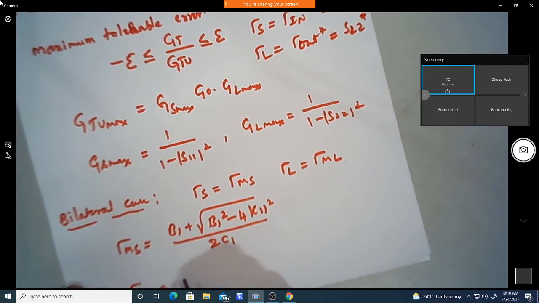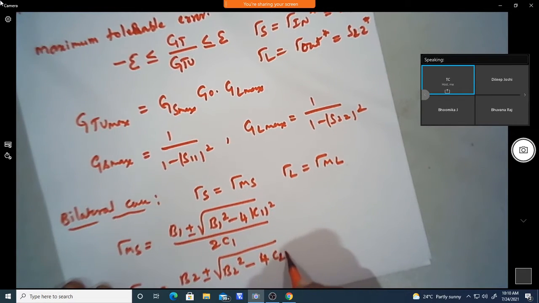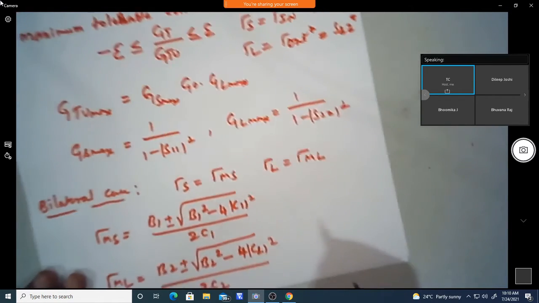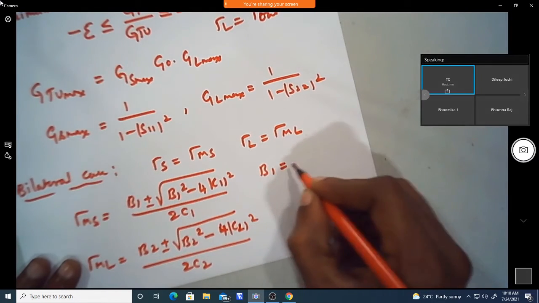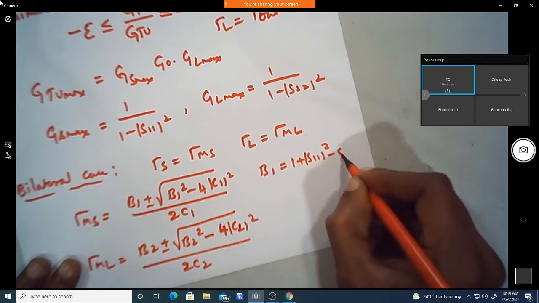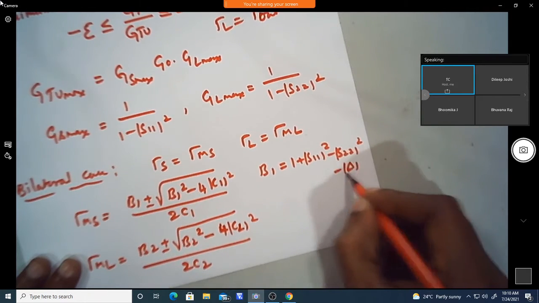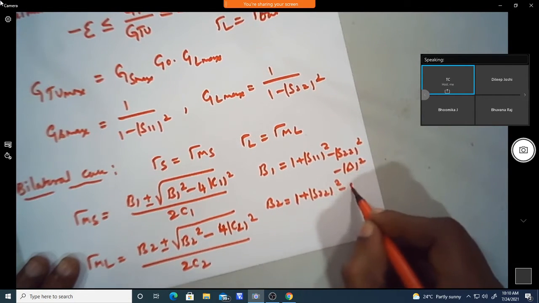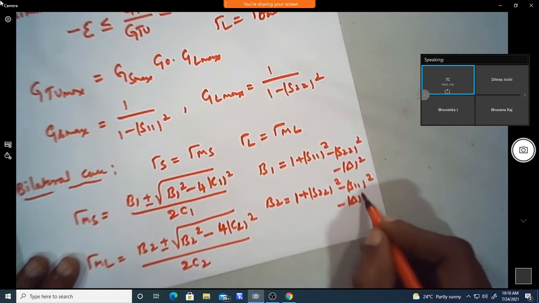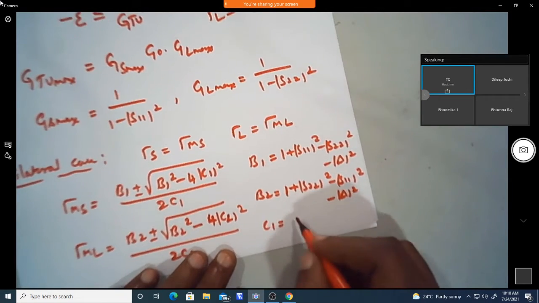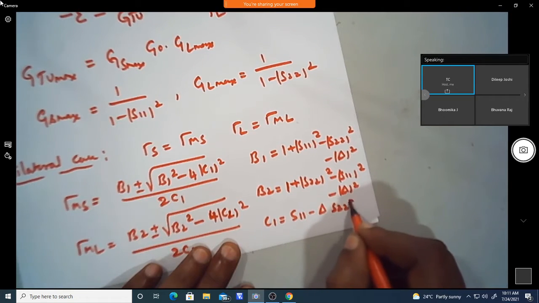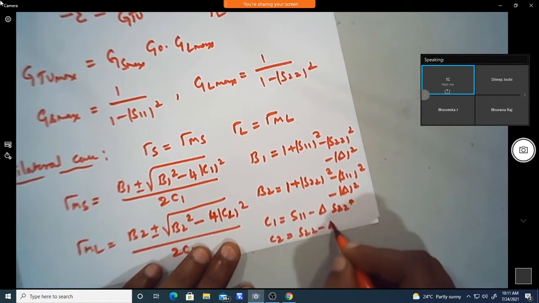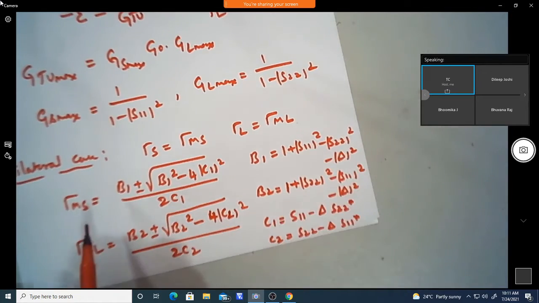Similarly gamma ML is B2 plus or minus square root of B2 squared minus 4 |C2|², divided by 2 C2. B1 equals 1 plus |S11|² minus |S22|² minus |delta|², and similarly B2 equals 1 plus |S22|² minus |S11|² minus |delta|². C1 is S11 minus delta S22 star, and C2 is S22 minus delta S11 star. So these are all the equations for the bilateral case.